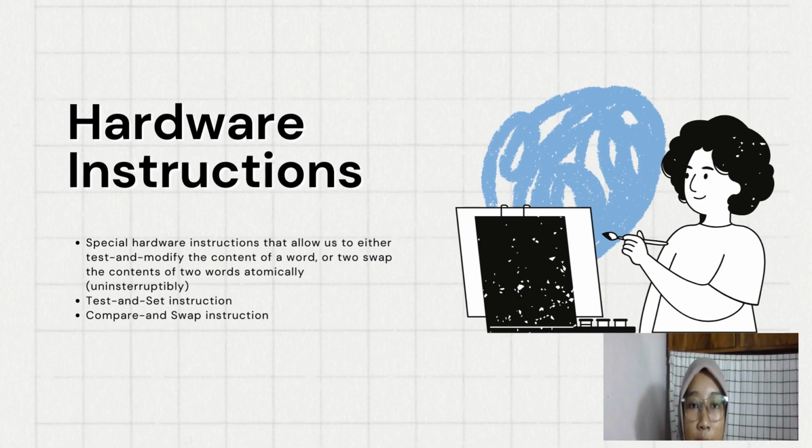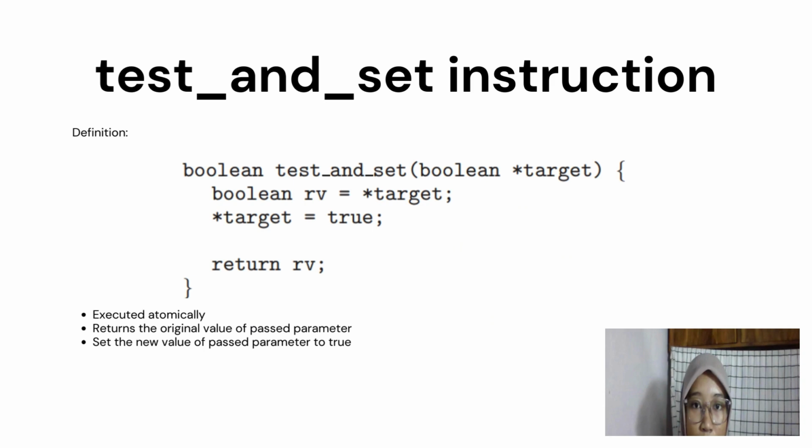The second one is hardware instruction. These are special hardware instructions that allow us to either test and modify the content of a word, or to swap the content of two words atomically. There are the test and set instruction and the compare and swap instruction.